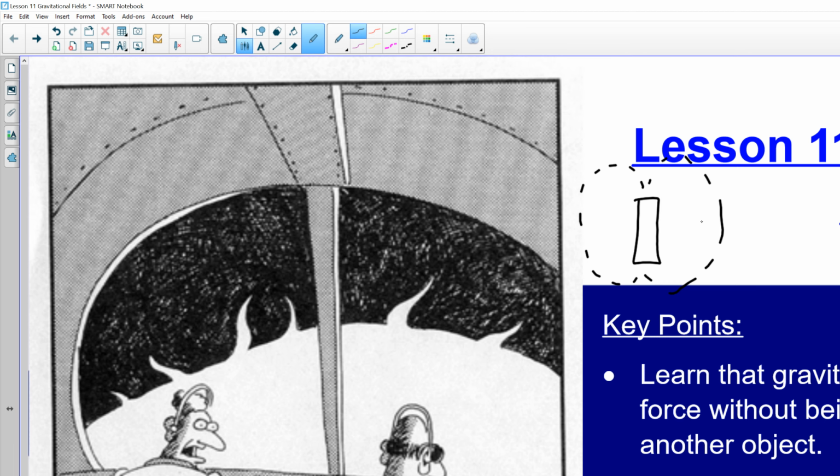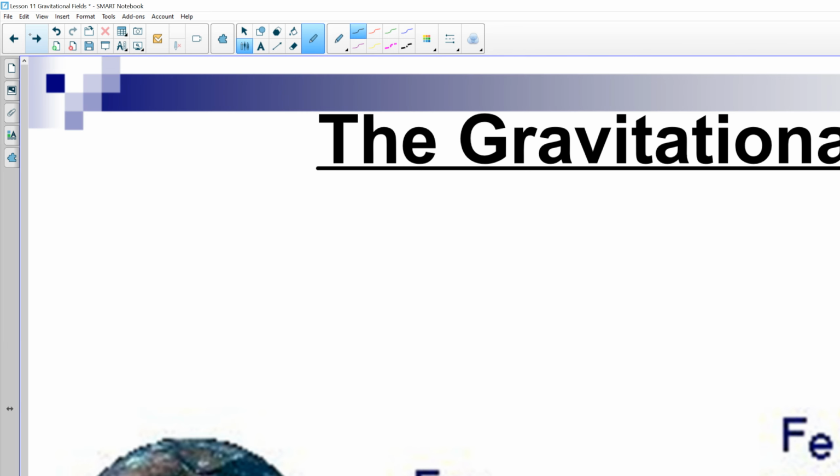So that's what a field force is. That you should know. Gravitational field strength is measured as acceleration due to gravity. Yesterday I was telling you that this formula here calculates gravitational field strength, and little g is gravitational field strength.